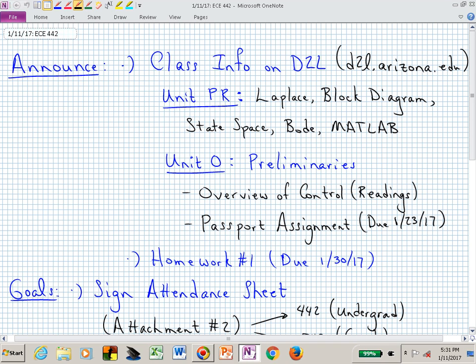There's a PR unit already there, and that stands for Prerequisites and Review. If you want prerequisites or review material on Laplace, block diagrams, state space, Bode, and MATLAB, it's there for you to look at. There's a Unit 0, which is dealing with preliminaries, and that contains some links to an overview of control.